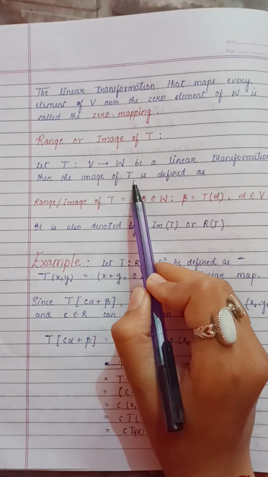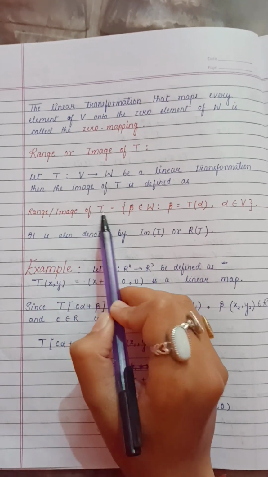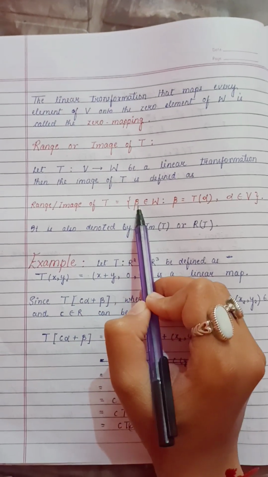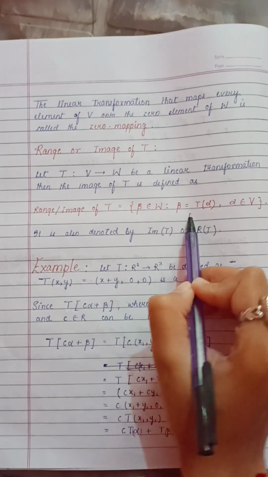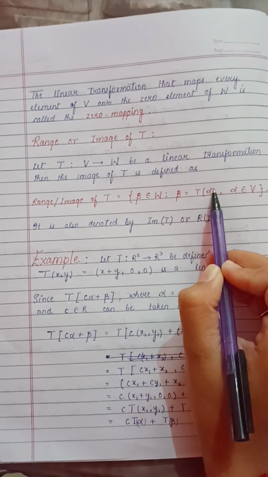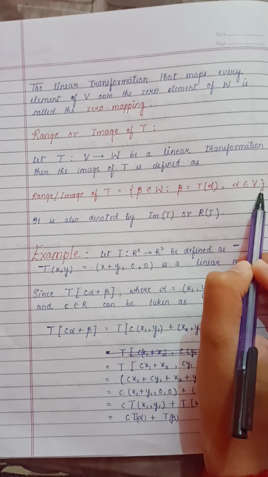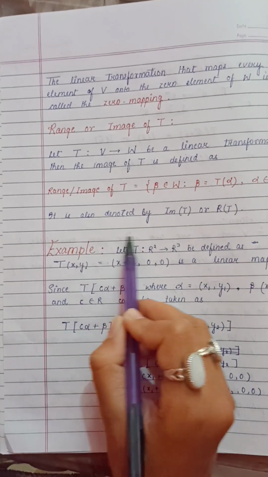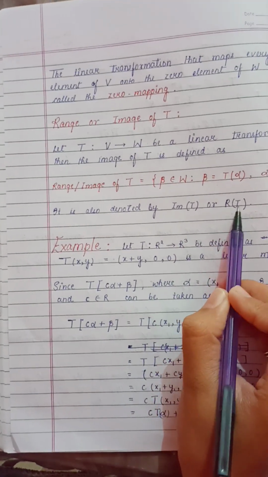Then the range or image of T is the set of beta belonging to W such that beta equals T(alpha), where alpha belongs to V. It is also denoted by Im(T) or R(T).